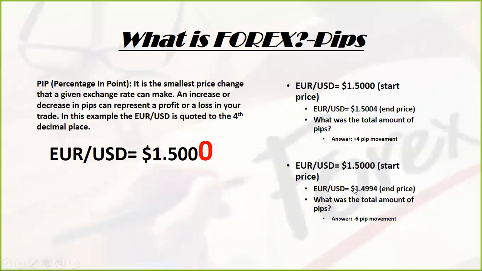What I like to do is think about this in thousands. So instead of $1.50, I'll just say 5,000. If the end price dropped 6 pips, just subtract 6 from 5,000, and that gives you 4,994.